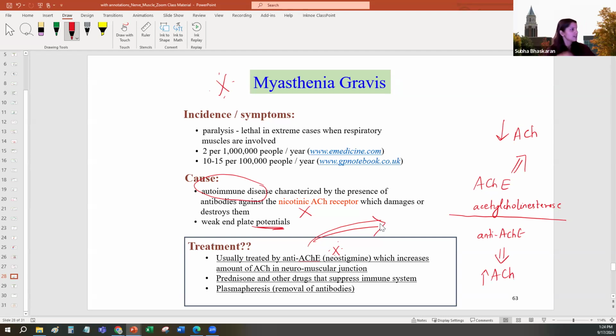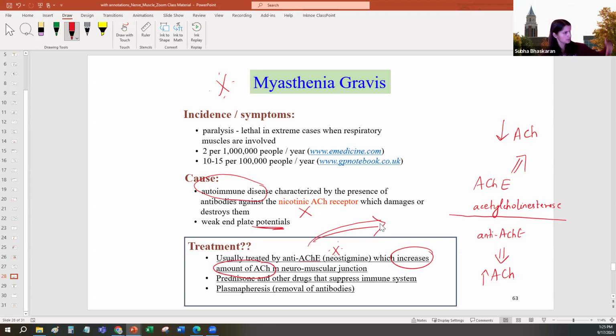So they are bombarded with a lot of ACH, and it seems that new receptors populate which are not destroyed, and that helps with the symptoms of myasthenia gravis. Again, there's a lot of hypothesis, but this is working, which increases the ACH. Got it? Okay. So again, we can prescribe steroids to suppress the immune system. Yes or no?